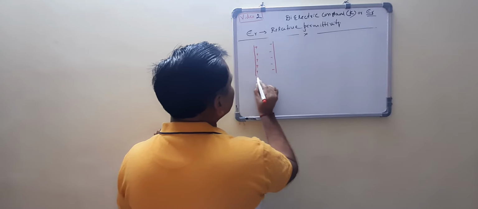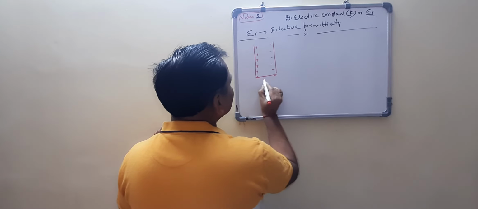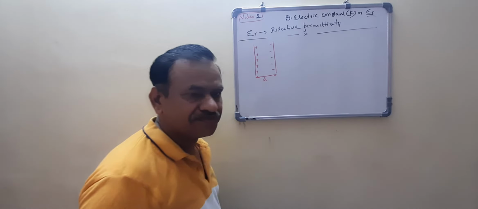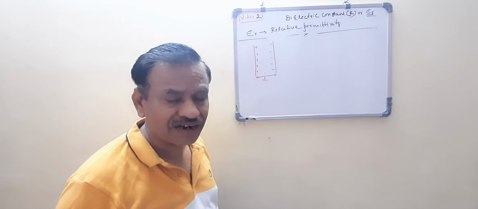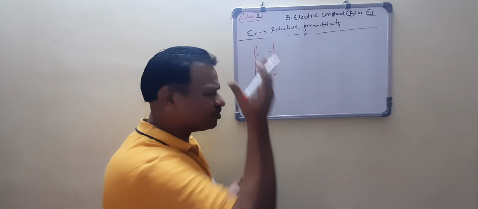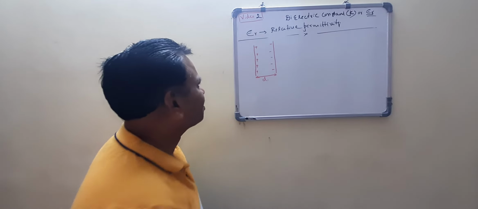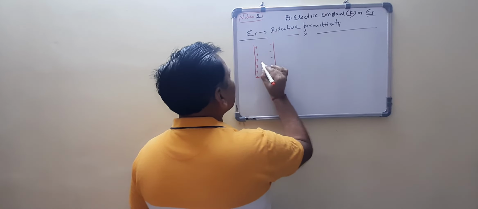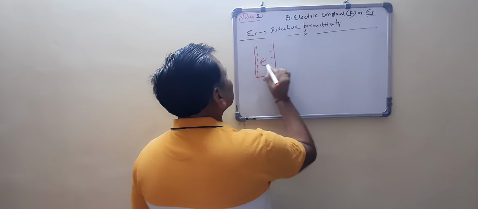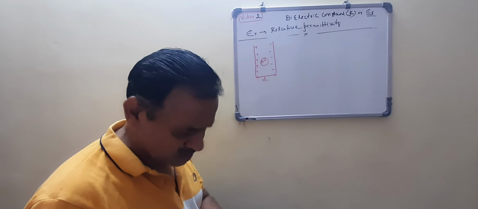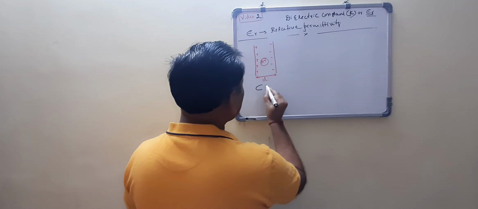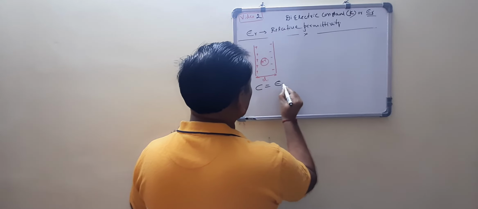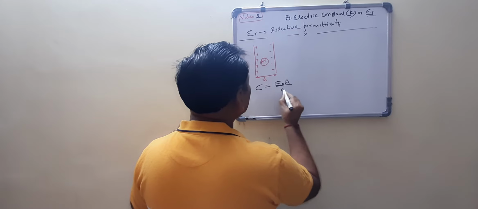The distance between the plates is D. You are doing one experiment, charging and discharging of a capacitor. Here air is the medium. In this situation, the capacitance value C equals epsilon naught into A divided by D.